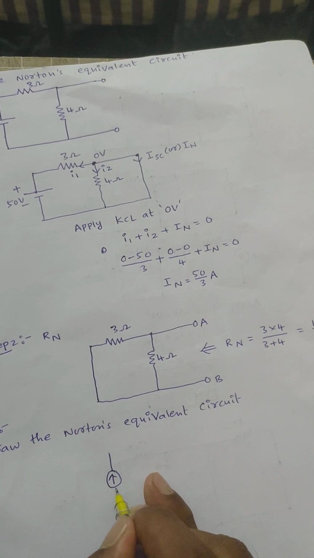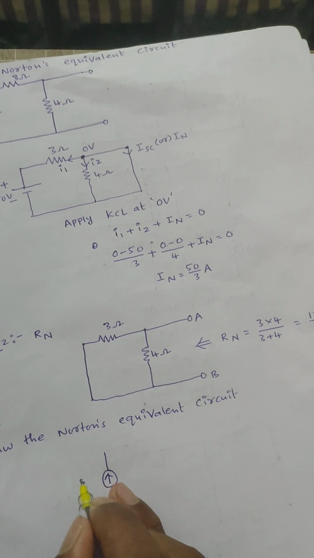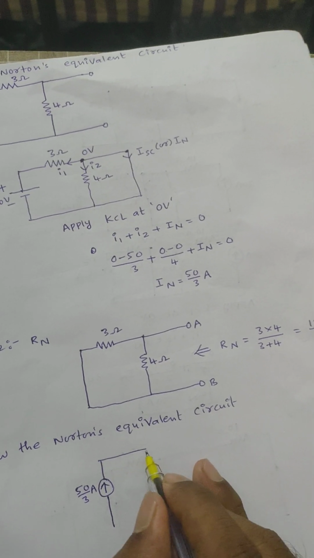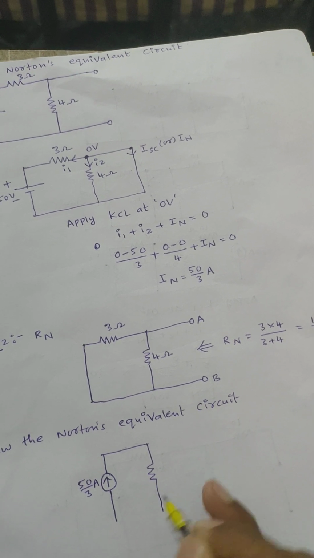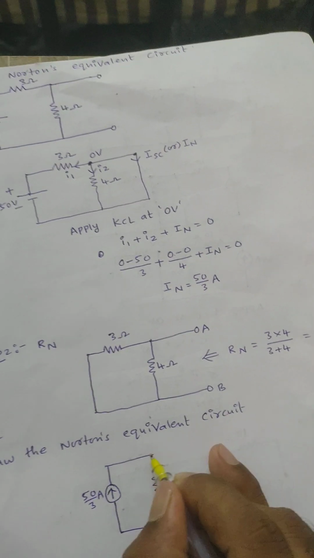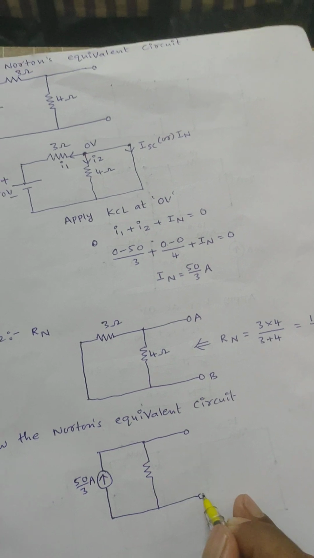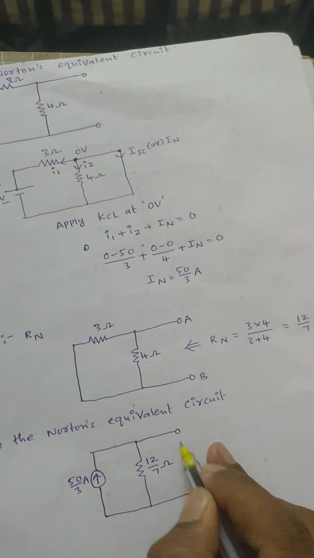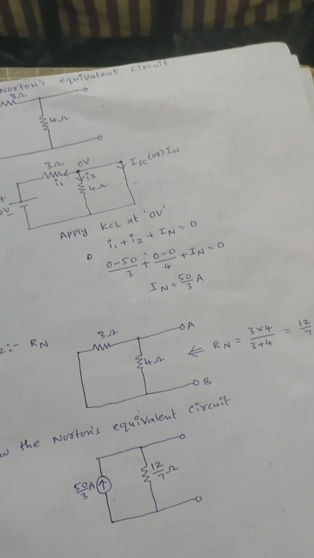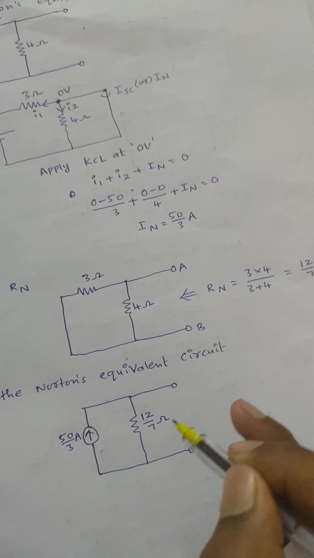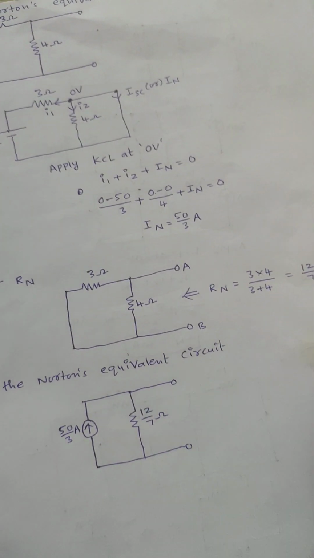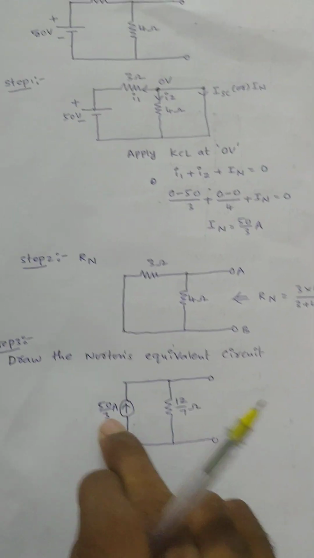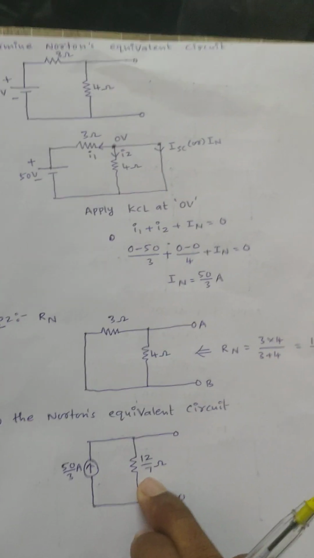The current source is equal to 50 by 3 amperes, the IN value, in parallel with Norton's equivalent resistance, that is 12 by 7 ohms, right? If you mention the RL value also, no problem. If you leave the circuit diagram like this also, it is correct. In this way we can calculate Norton's equivalent circuit problems. Okay, thank you all.